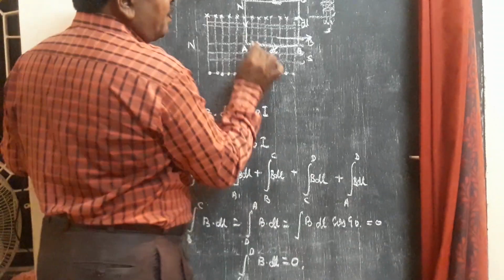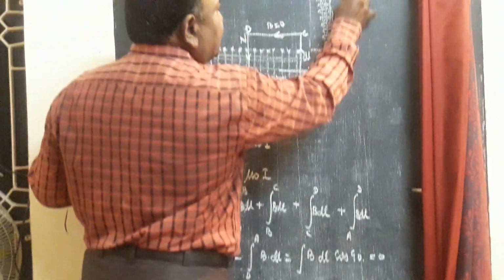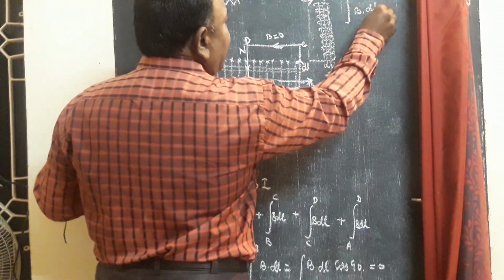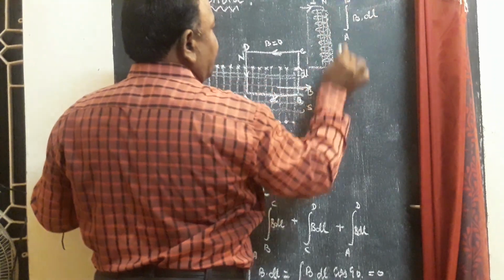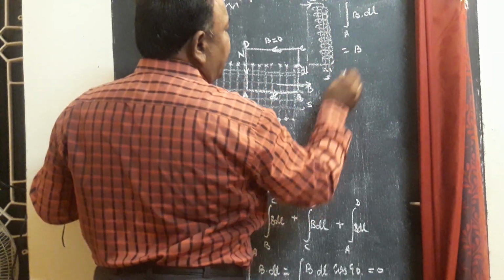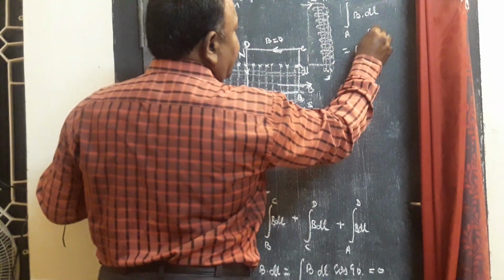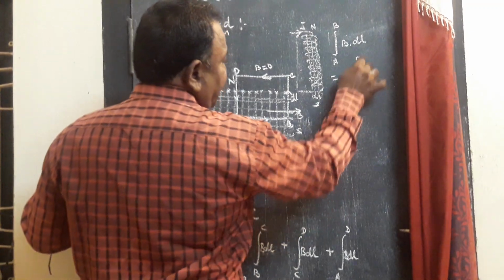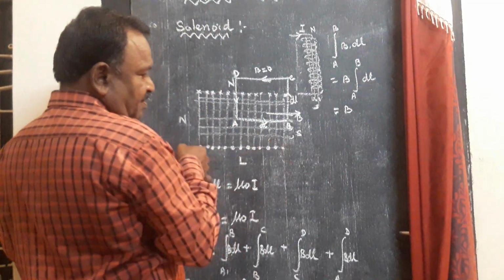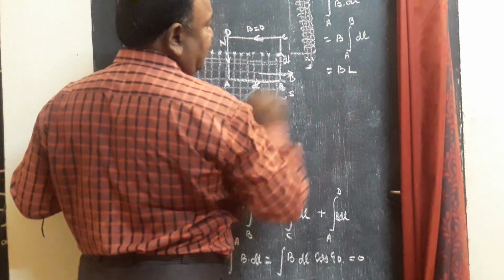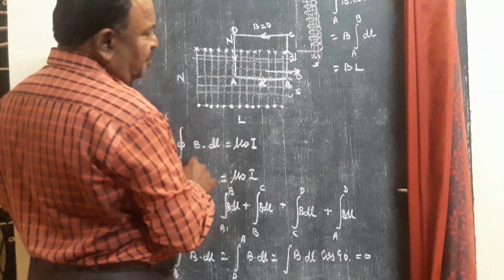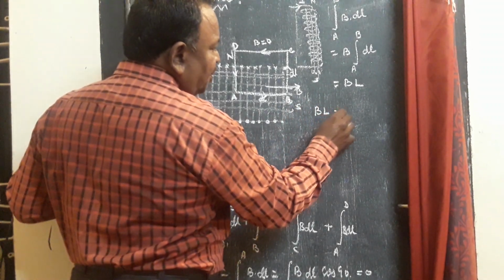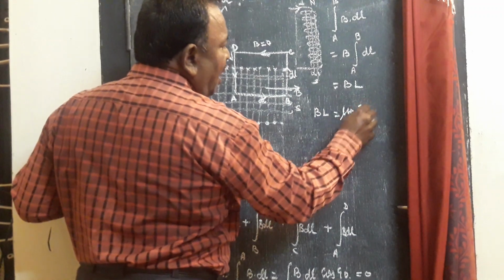So we will have only the line integral of B dot dl from A to B. That is equal to B into the integral A to B dl, which, when we do the integration, gives the length of the solenoid. So BL. When you substitute in this expression, we will have BL equal to mu naught into I.